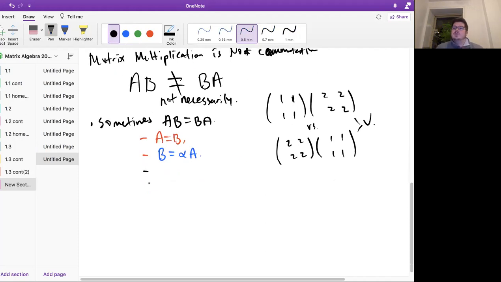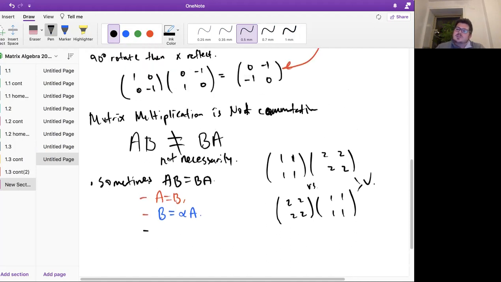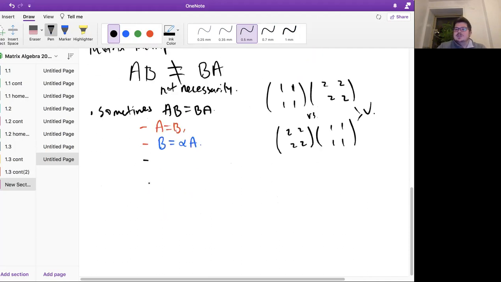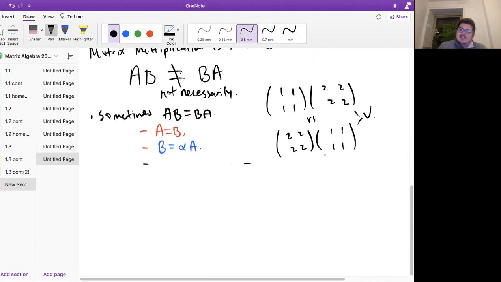Can you think of a very boring matrix? What's the most boring matrix you can think of? All zeros, yeah, that would work. 0, 0, 0, 0 times anything is what you think?